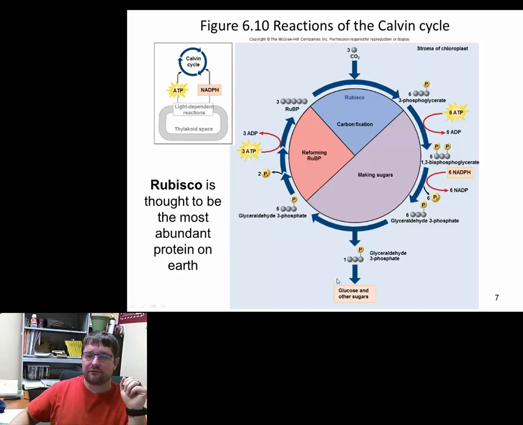So let's think about that when we move on to the Krebs cycle and cellular respiration, because we'll talk about the breaking down of a glucose molecule. How much energy do we get from breaking down a glucose molecule? We can say that we have to expend, or a plant has to expend, about 60 molecules of ATP.